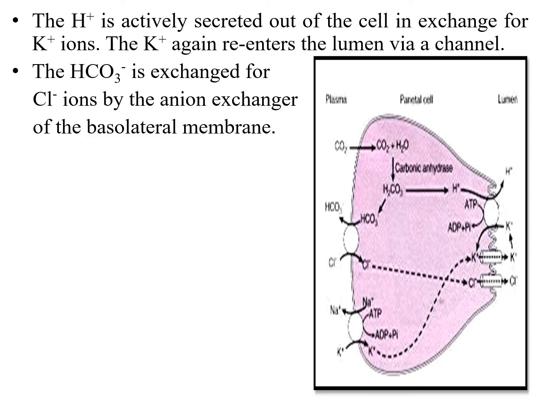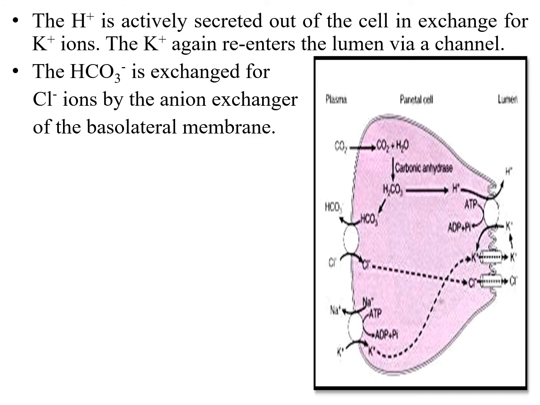Next, the bicarbonate which is formed due to the action of the carbonic anhydrase is accumulating inside the cell, and now it just goes out of the cell because of its high concentration through an exchanger protein which is known as the bicarbonate chloride anion exchanger protein present on the basolateral side.